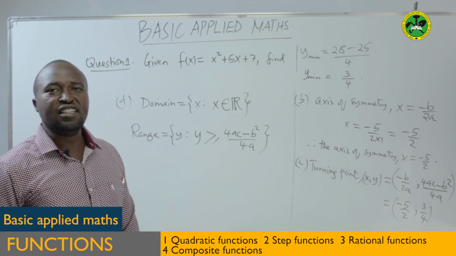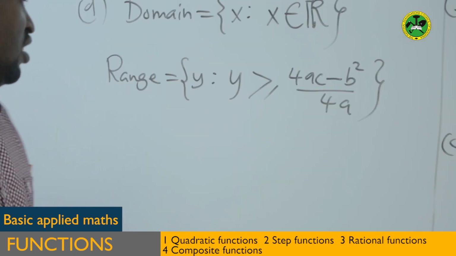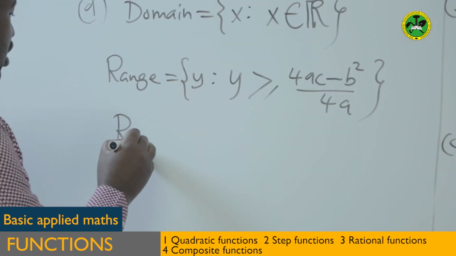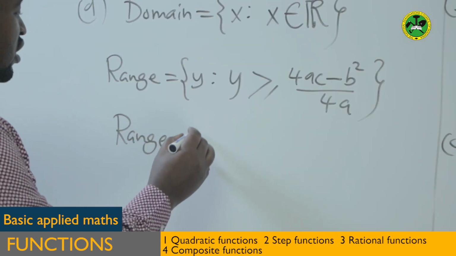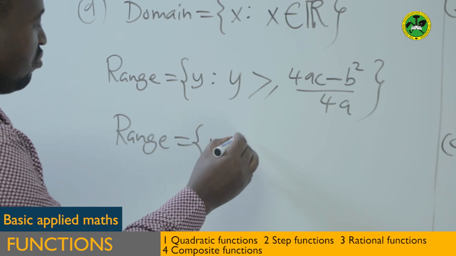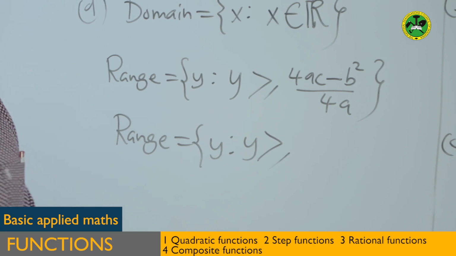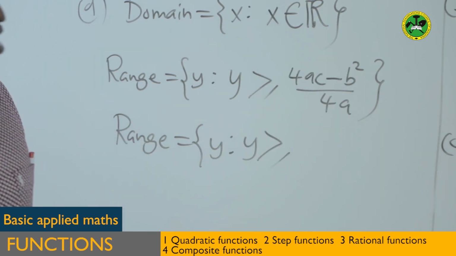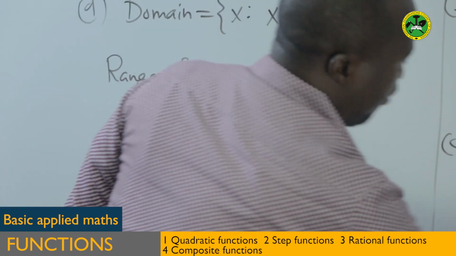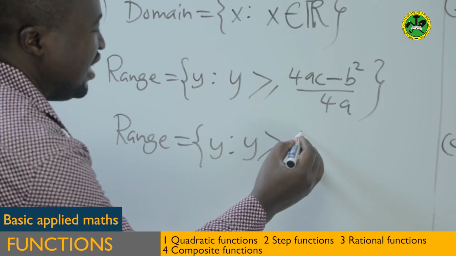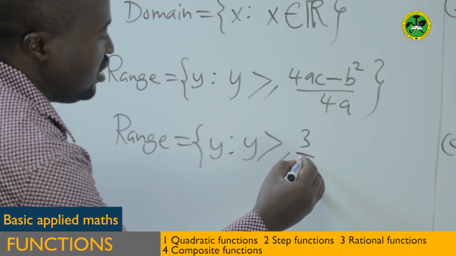That is how to find the minimum value of y. Now the range for the quadratic function will be y is greater than or equal to, remember we already have this value, which is 3 over 4. That will be y greater than or equal to 3 over 4.